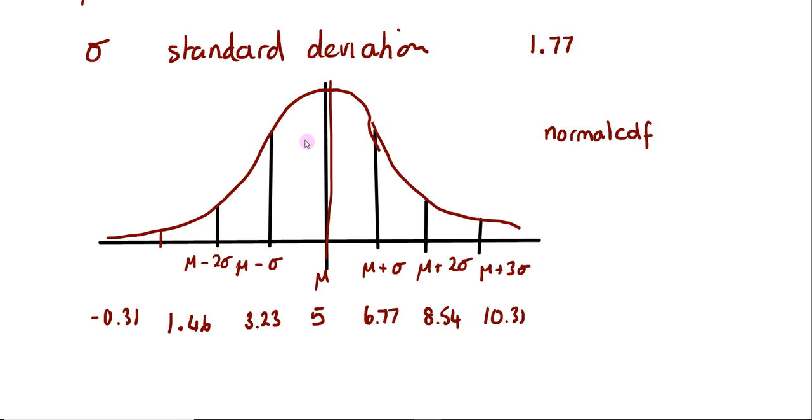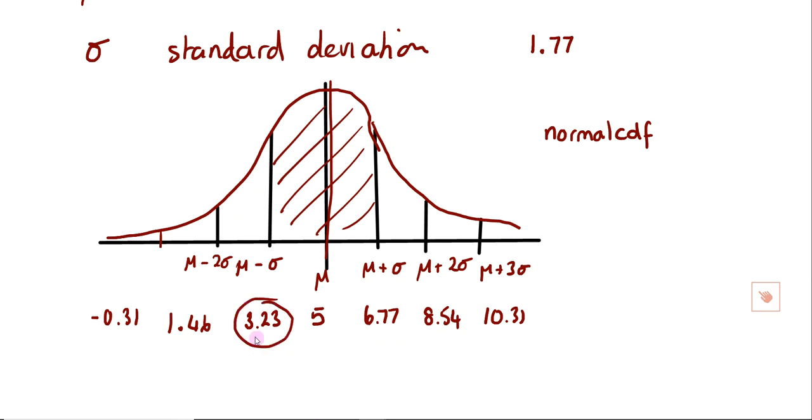So I'm looking for how many bits of data should fall within this region. I'm going to take 3.23 to be my lower bound and 6.77 to be my upper bound. So those are the values that I want you to tell me.